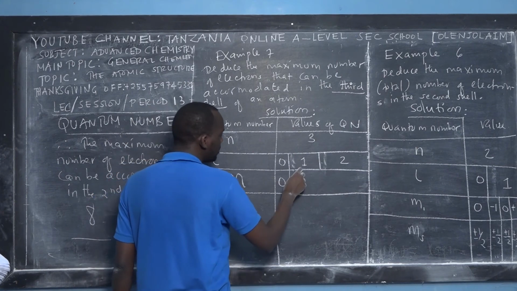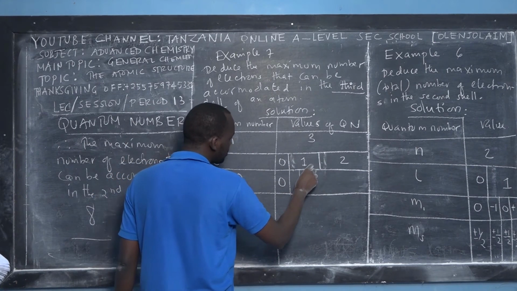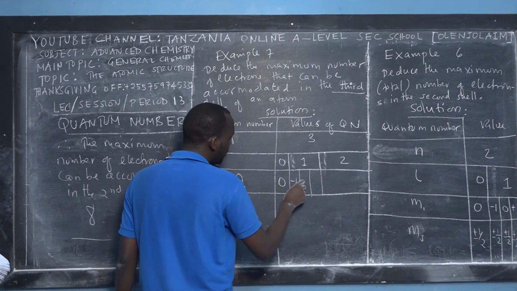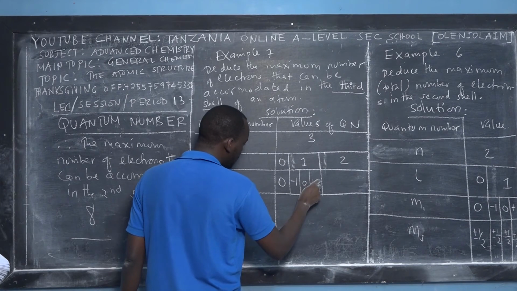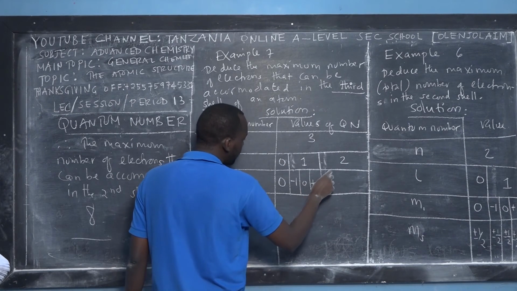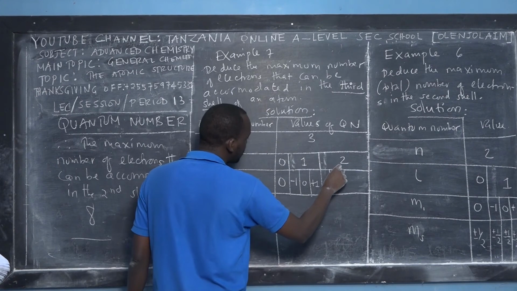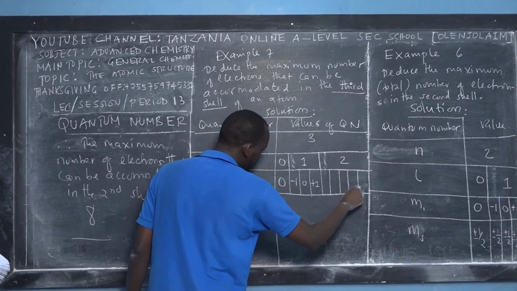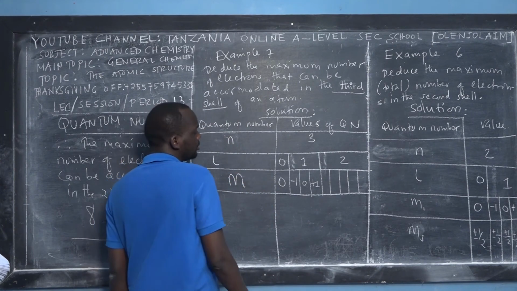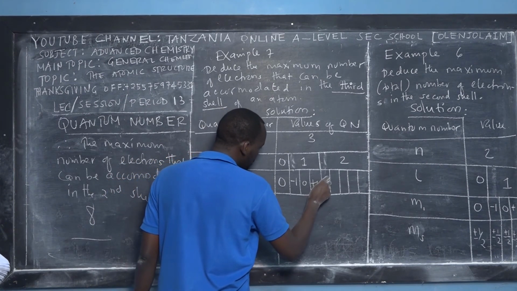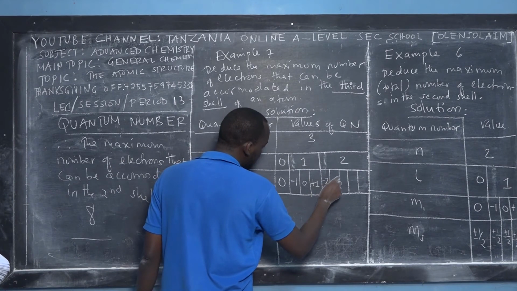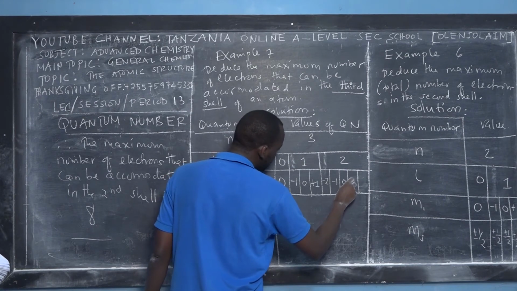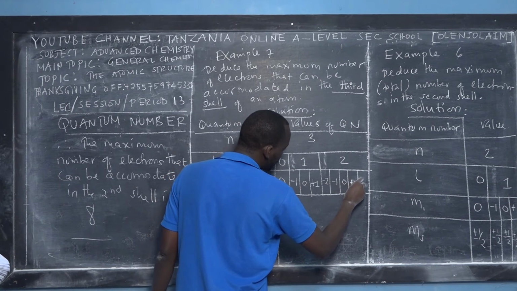For l equal to 1, we are going to have 3 values: negative 1, 0, and positive 1. When l is equal to 2, we're going to have 5 values: negative 2, negative 1, 0, positive 1, and positive 2.